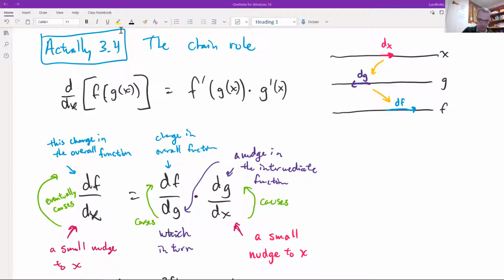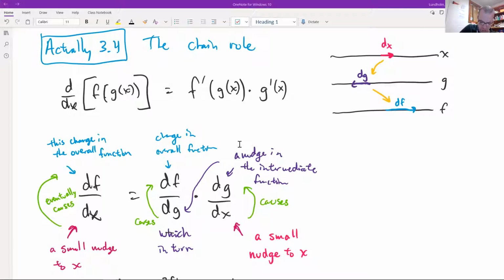This first part, let's call this, well, I don't know what color I want to use here. It doesn't matter. But this f prime of g of x part, that is the rate of change of f with respect to g of x.